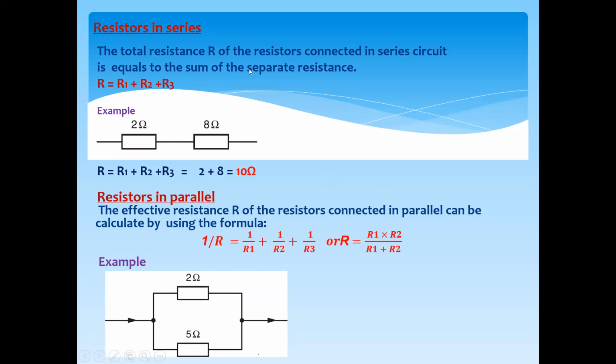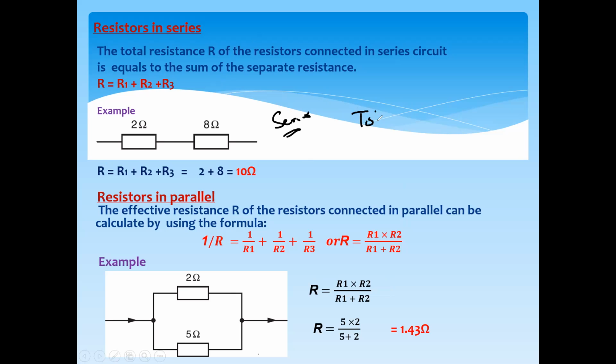It will be 2 multiplied by 5 divided by 2 plus 5. The product is 10 and the sum is 7. So it will be 10 divided by 7, which is equal to 1.43.